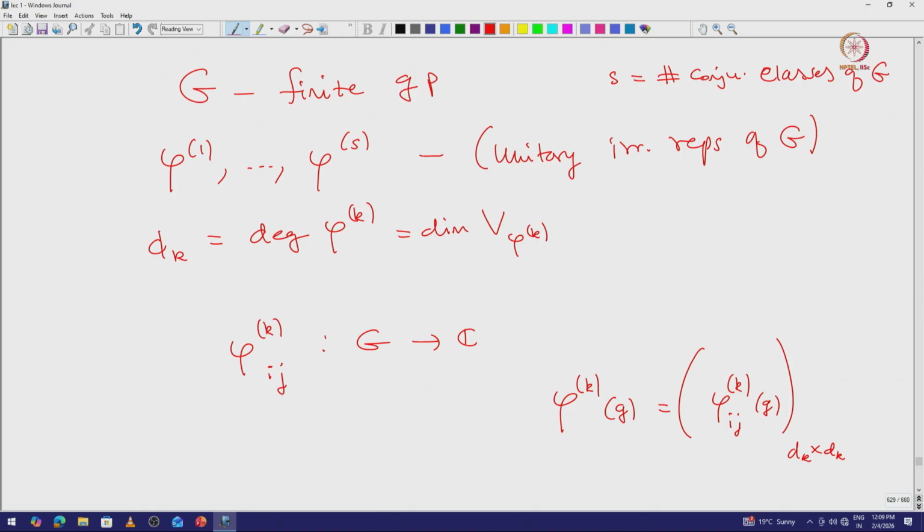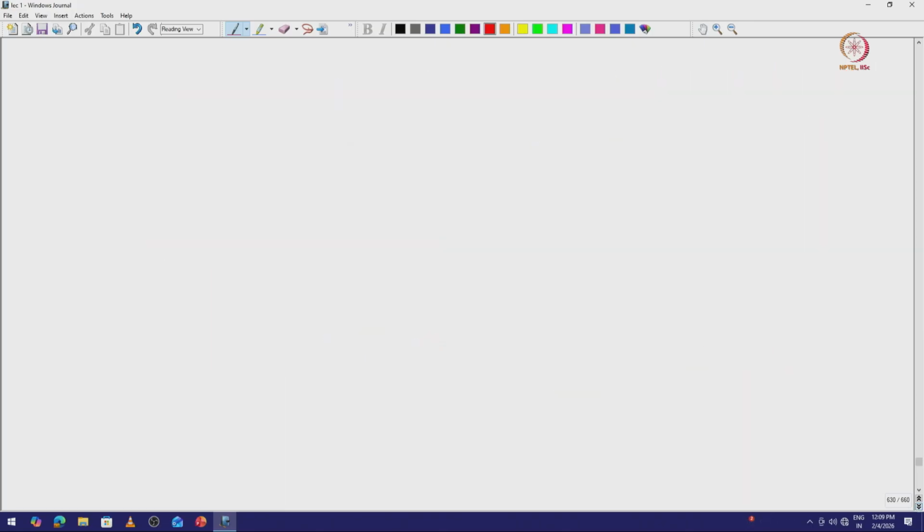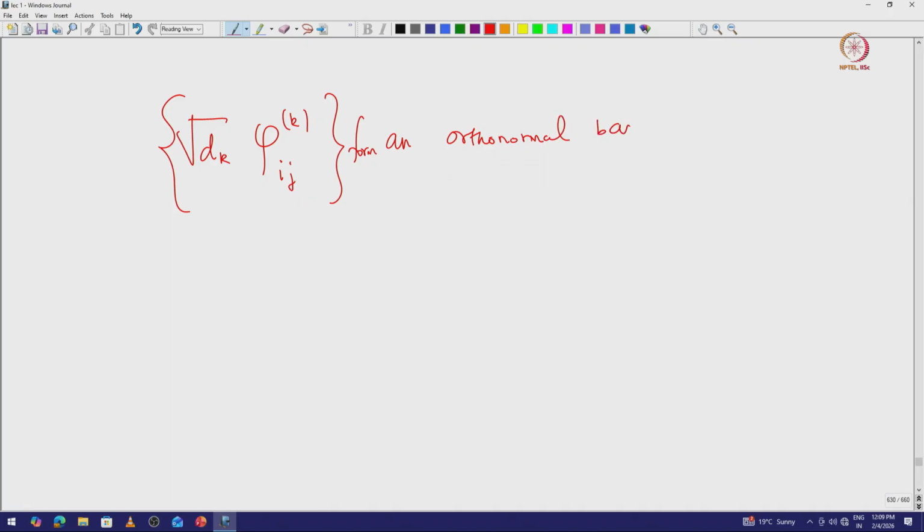So, we already know that these matrix coefficients form an orthonormal set. You normalize. So, then what happens, square root of d_k phi i j k, these normalized matrix coefficients form an orthonormal basis for CG. Okay. So, this is something we have already proved.